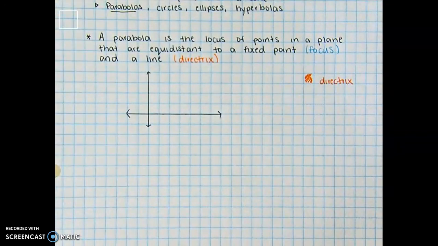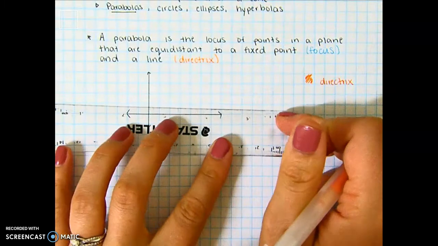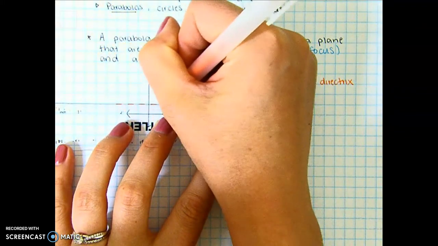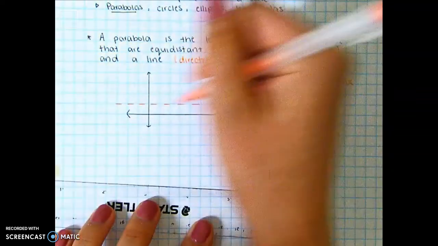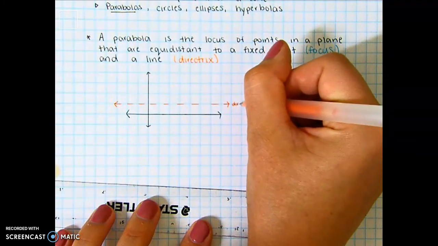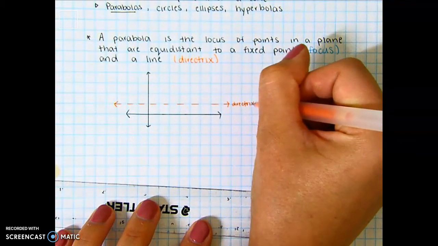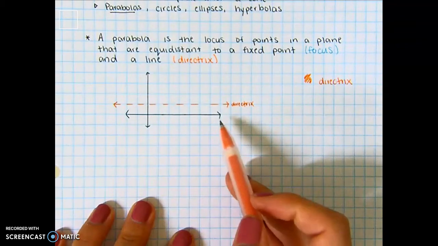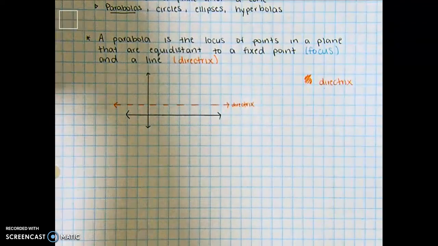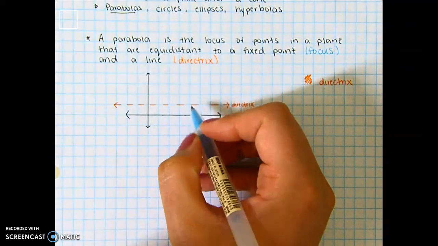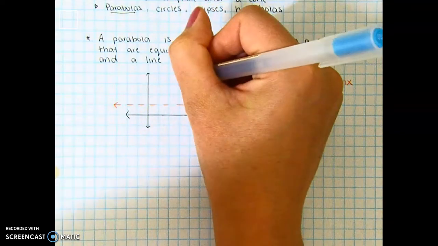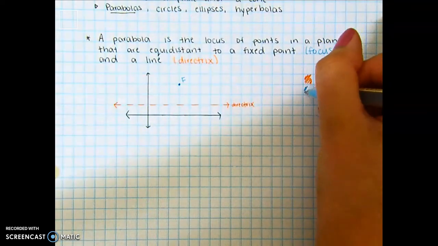For this visual, I'm going to do a horizontal line here. It's not always horizontal. And then we have a fixed point, the focus. So I'm going to go up here and put an F for my focus.